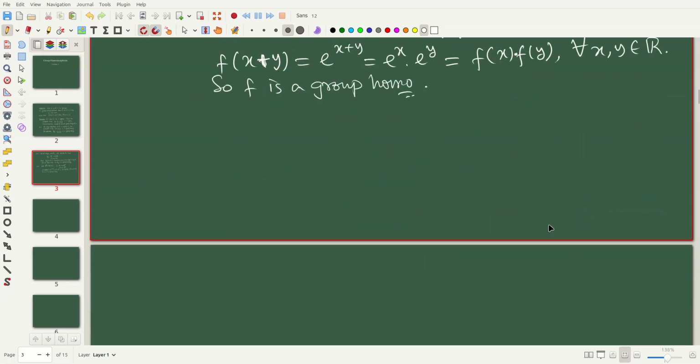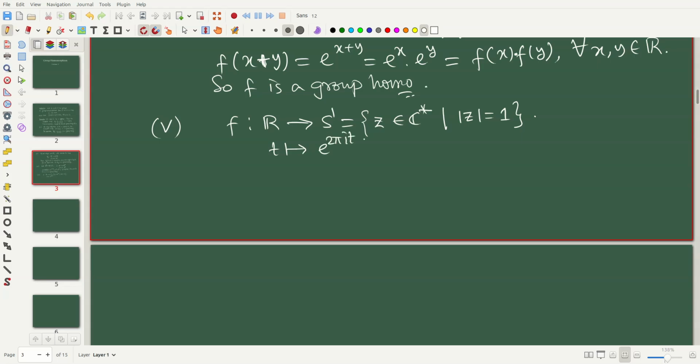Next example is we consider the map from the real line to the circle, from R to S1. S1 is the unit circle, the set of all complex numbers z such that the modulus of z is equal to 1. This is a group with respect to multiplication. Here I can define a map given by t goes to e to the power 2 pi i t.